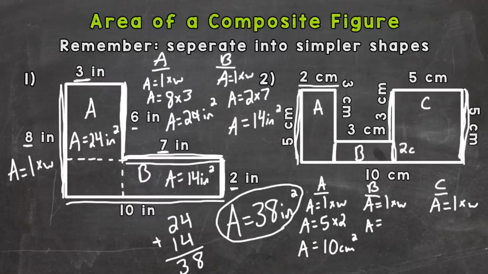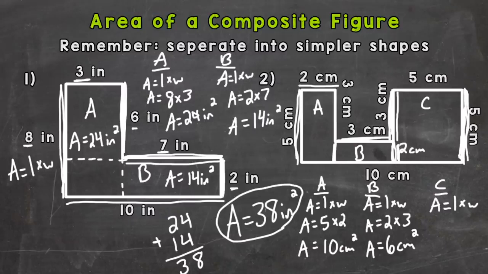Well, it's going to have to be 2 centimeters, because this 3 plus this 2 equals the total height of 5 centimeters given to us on the left and right hand side. So sometimes in composite figures, you have to figure out some measurements that aren't given. Our length is going to be 2 times the width of 3 centimeters, which is given. So 2 times 3 gives us 6 square centimeters.